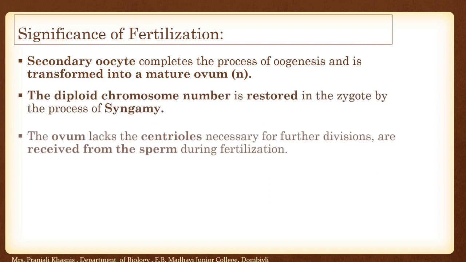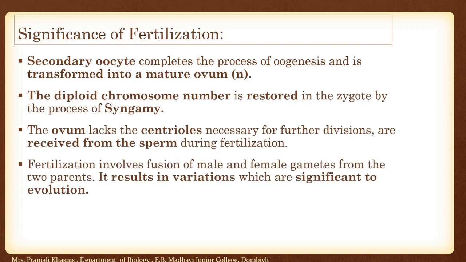Now let us see the significance of fertilization. The secondary oocyte completes the process of oogenesis and is transformed into a mature ovum. The diploid chromosome number is restored in the zygote by the process called fertilization or syngamy. The ovum lacks the centriole necessary for further division, which is received from the sperm during fertilization.